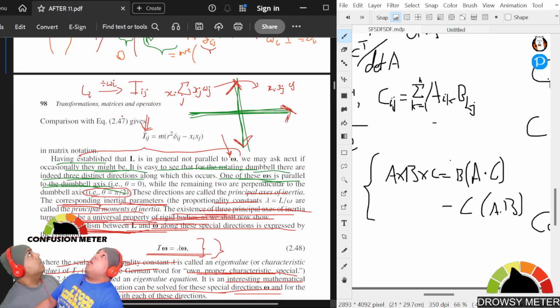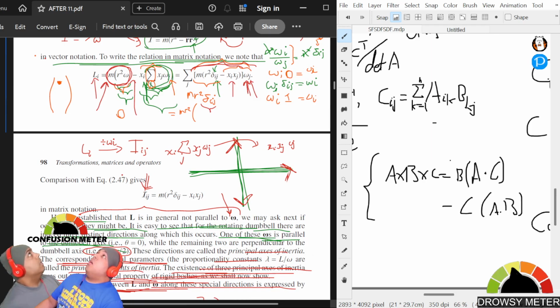Having established that L is in general not parallel to omega. How did we establish that?